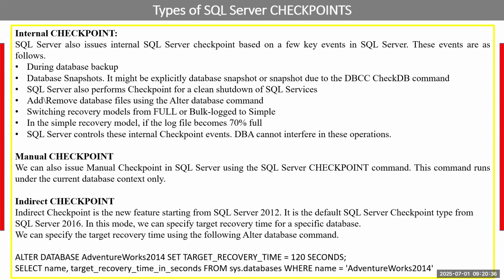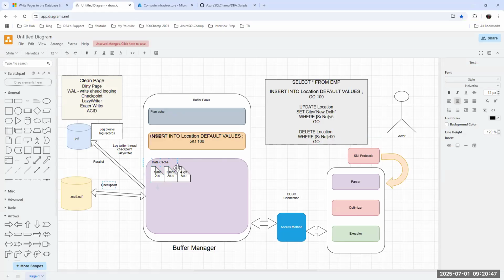What is the main purpose, the main agenda of checkpoint? Whatever data you are modifying needs to move to the MDF file. At the same time, if any log records haven't moved to the LDF file, it will also move those log records to the LDF file.